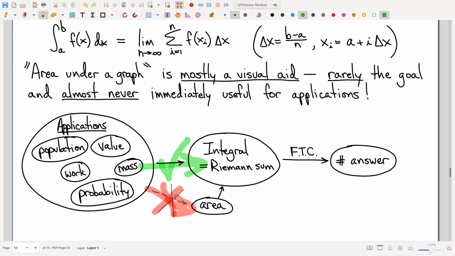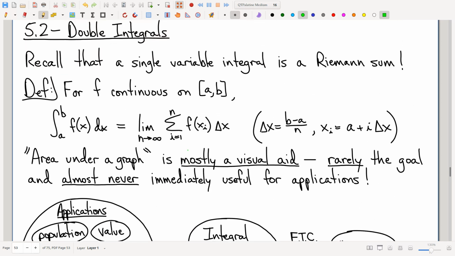Okay. So, the reason I make a big deal out of this, part of it is, y'all are coming from single variable calculus classes as your last calculus classes. I think there's a lot of students out there. By the way, I was one of you. When I got out of single variable calculus, I was under the mistaken impression that Riemann sums were an outdated, now useless method, obviated by the fundamental theorem of calculus.